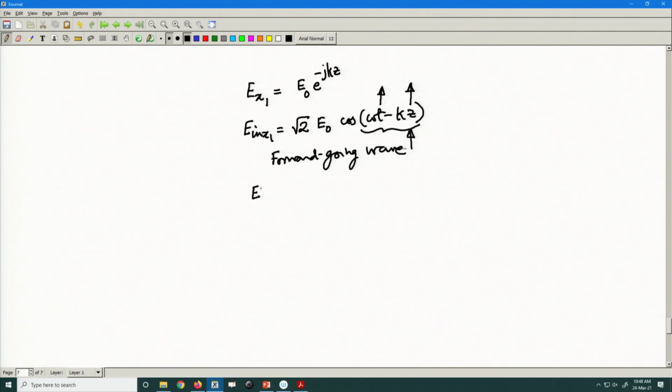Similarly, we have another wave E x 2 as E naught e to the power plus j k z. The corresponding instantaneous wave E in x 2 is root 2 E naught cos omega t plus k z.